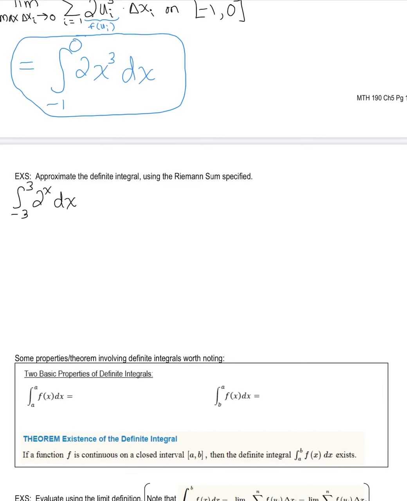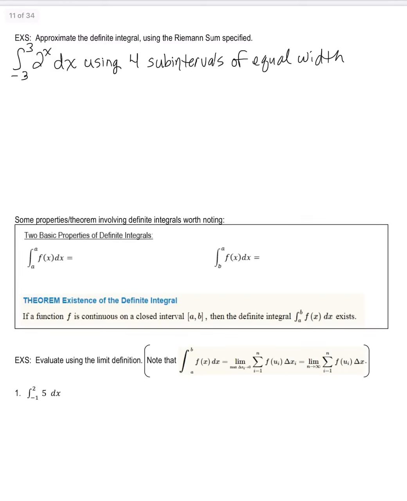And I want us to estimate or approximate that definite integral using 4 subintervals of equal width. Oh, and I need to specify, sorry. So using 4 subintervals of equal width, and we'll use right endpoints.